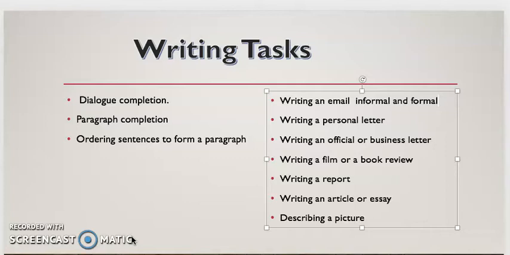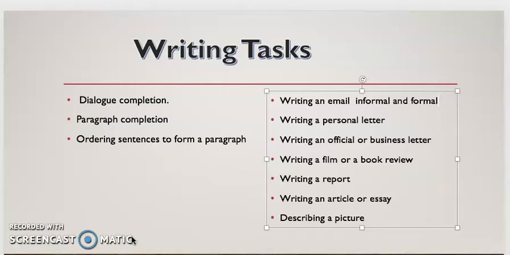The fourth one is writing an email, and the email can be informal or formal. An informal email is a short kind of letter that you write to a friend, a relative, or a member of your family. In this kind of writing, of course, you're going to use informal language that you use with your friends and so on.